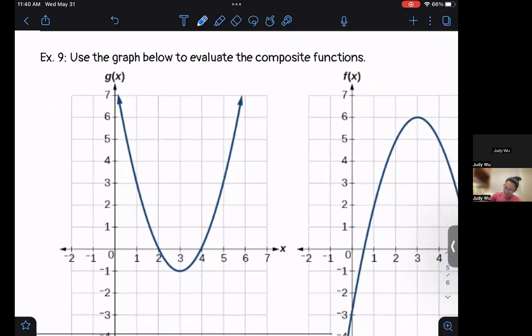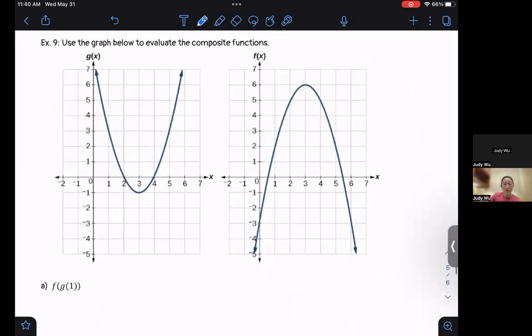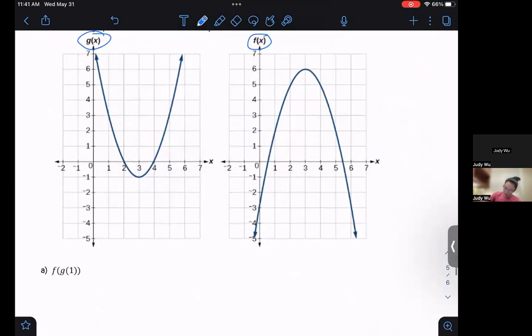All right, let's take a look at an example that now uses graphs. Use the graph below to evaluate the composite function. Just so we know, we have our f of x function and our g of x function here. Letter A says f of g of 1.